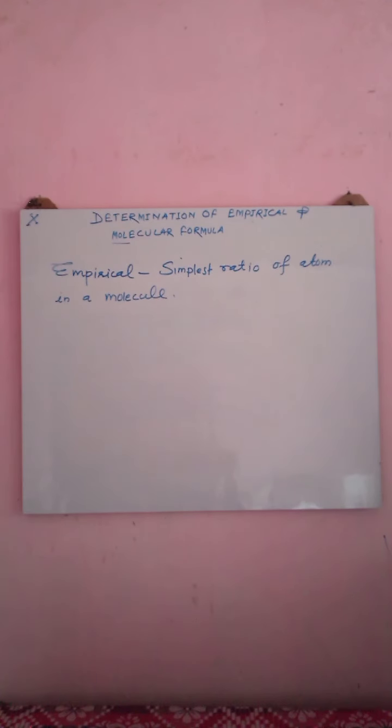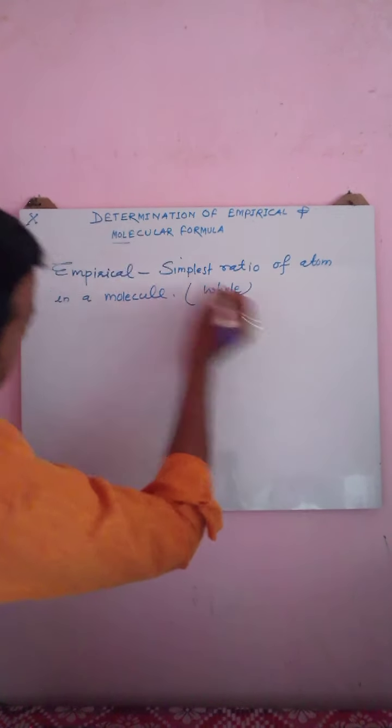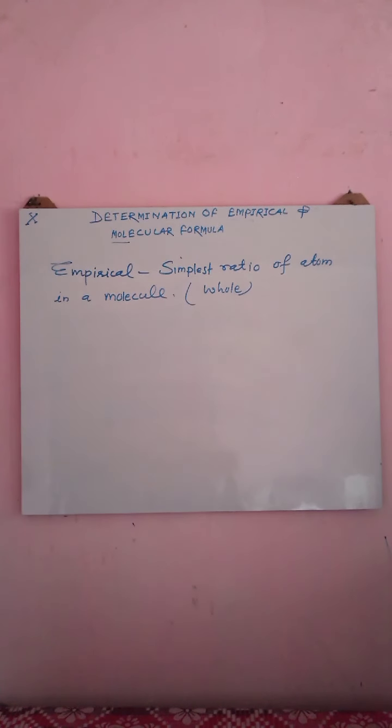That should be in whole number. So you can say the simplest whole number ratio of atoms of different element present in a molecule is known as empirical formula of a molecule. You have to find out the simplest ratio of different atoms present in a molecule. That is called as empirical formula.